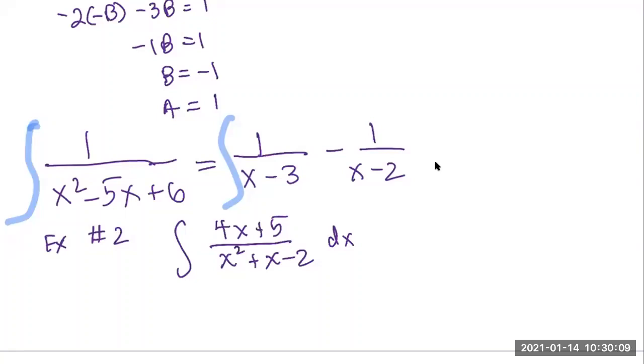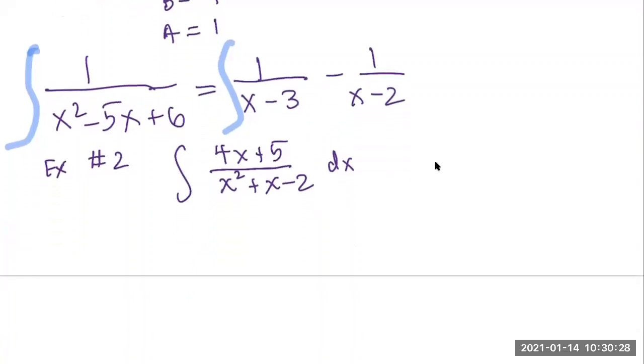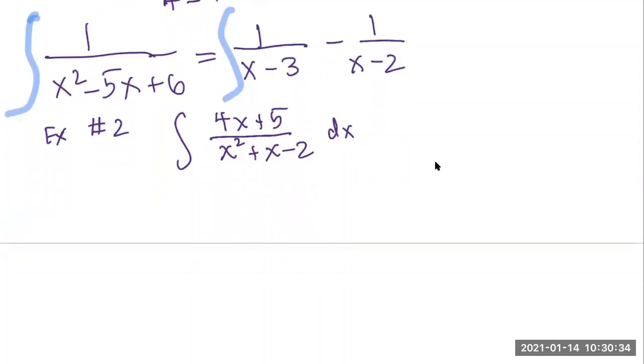Actually, use substitution is what you guys want to consider, because if the derivative of the bottom ends up being some form of the expression on top, then that top might be able to cancel out. So use substitution is going to be something you consider. However, sometimes when you do that, it still doesn't result in something that you would be able to find the antiderivative of without having to do partial fraction anyway. So let's go ahead and move on.